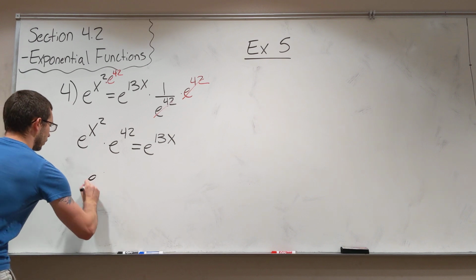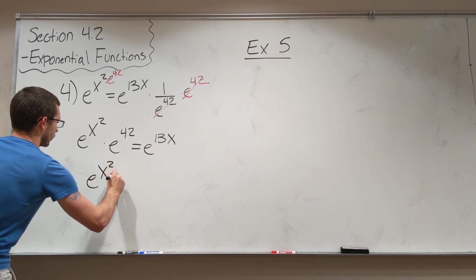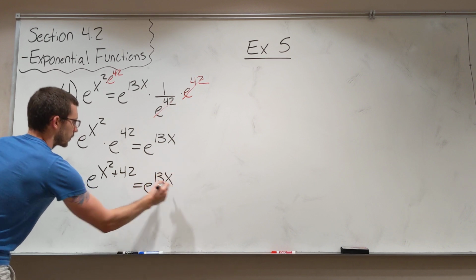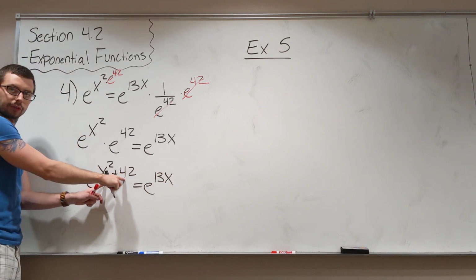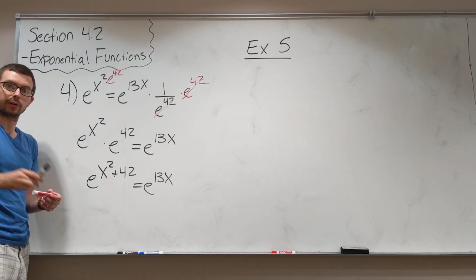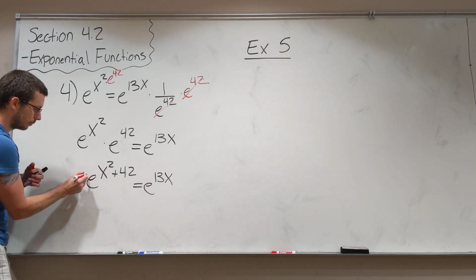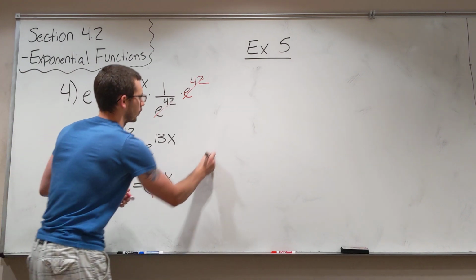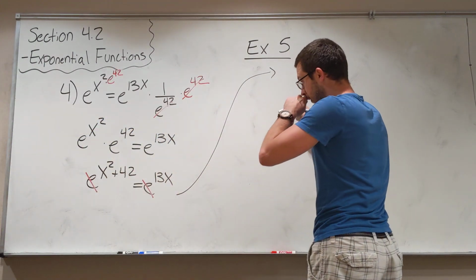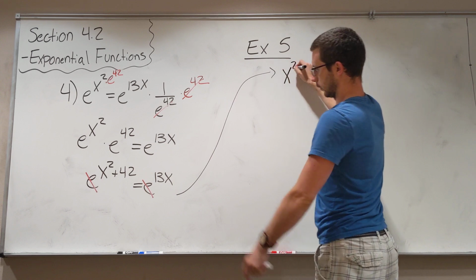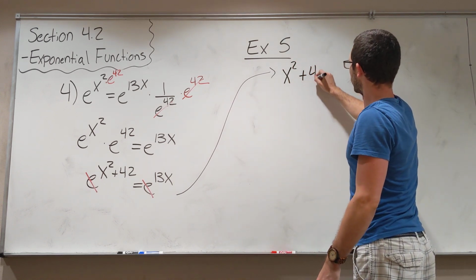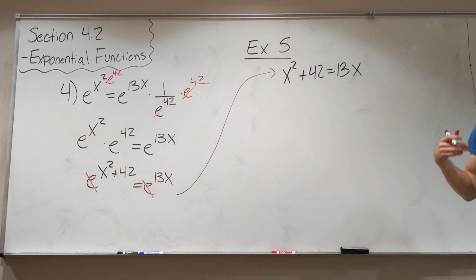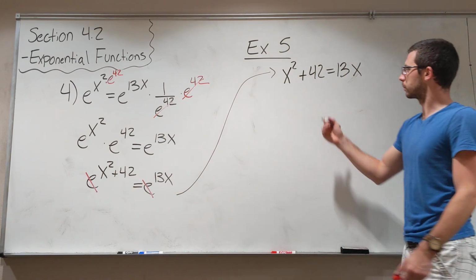So in particular, we add the exponents, just like that. And from here, now we can get rid of the common bases. And from here, we get x squared plus 42 is equal to 13x. And yes, we do get another quadratic.